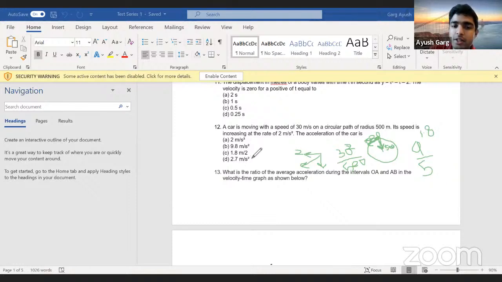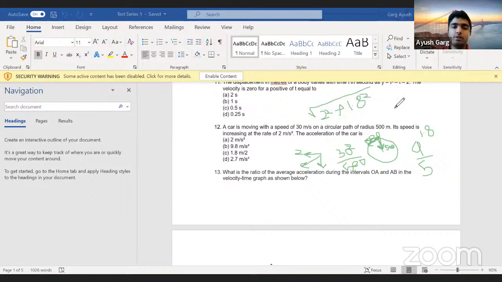See, they have given one option as 1.8 also, because they want to confuse you. You have tangential acceleration of 2, which is not the only answer. You have centripetal acceleration of 1.8, which is not the only answer. Either way, you can make a mistake. You have to take the resultant now. So it's going to be under root of 2 square plus 1.8 square.